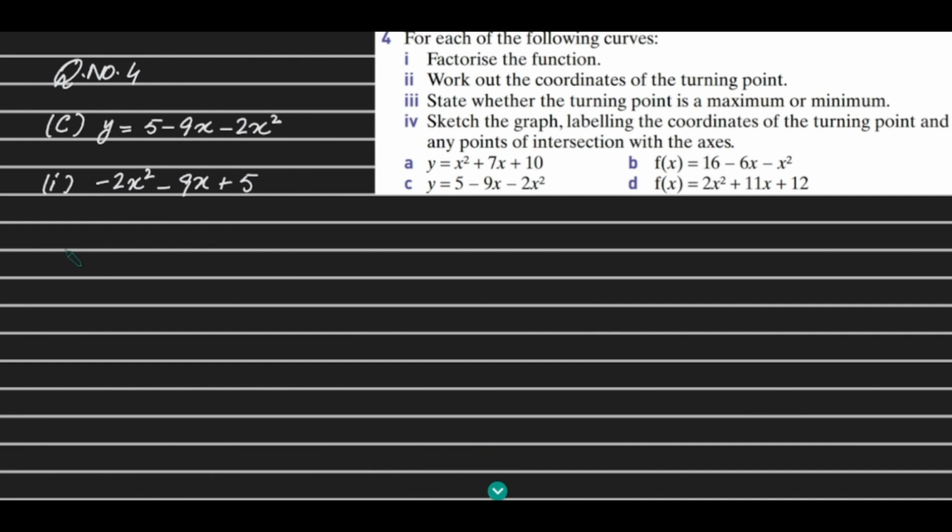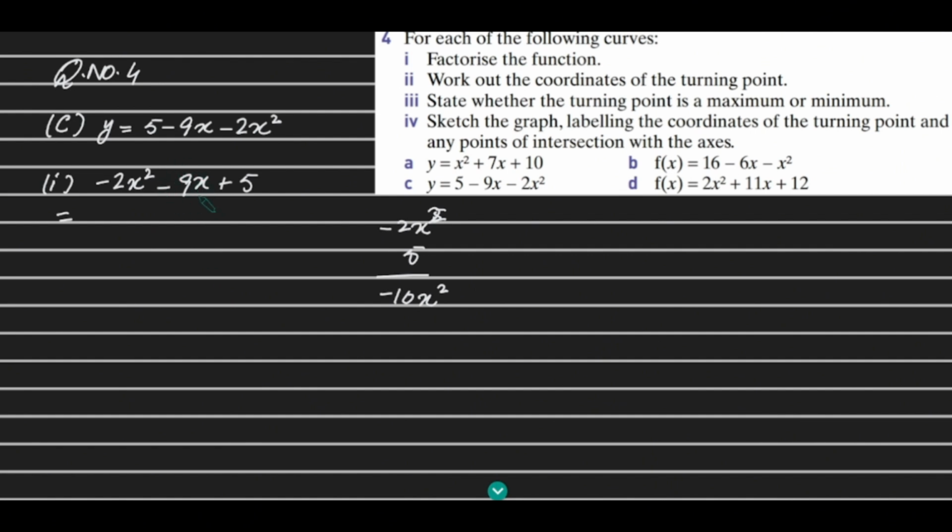Now I factorize it. As the product of minus 2x squared and plus 5, we get minus 10x squared. So we find the middle term minus 9x.